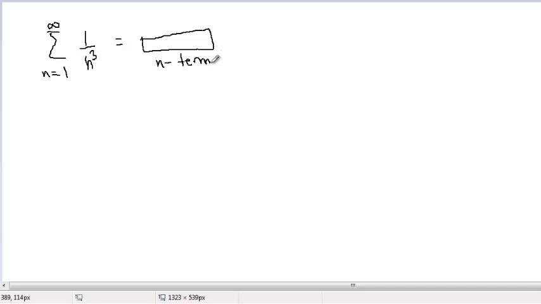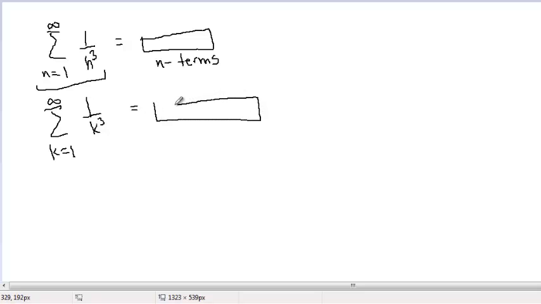Here, don't get confused with this n and this indexing set, so I will change the sum into the following: summation from k equals 1 to infinity, 1 over k cubed. So here I will separate the first n terms, which is 1 plus 1 over 8 plus up to 1 over n cubed, right? This is the sum of the first n terms.